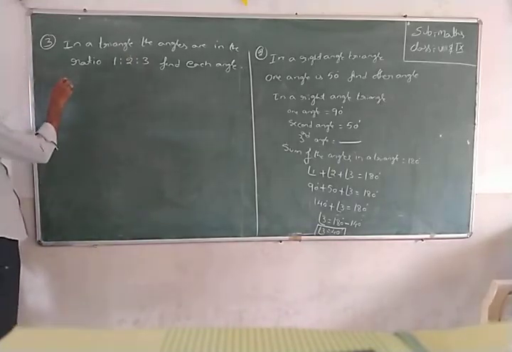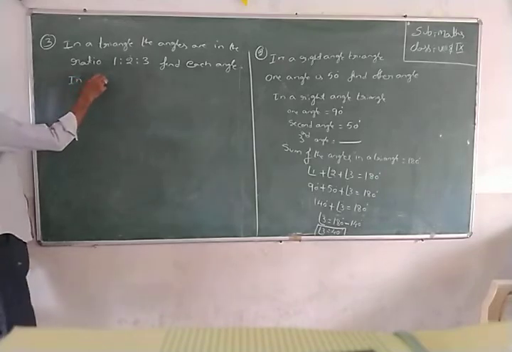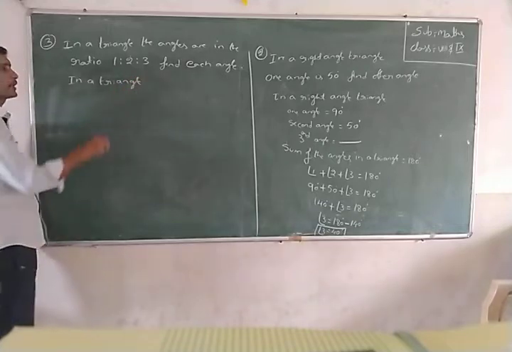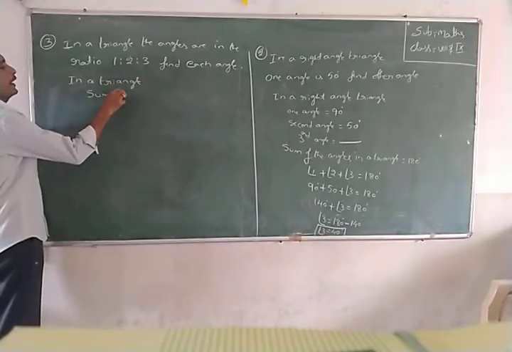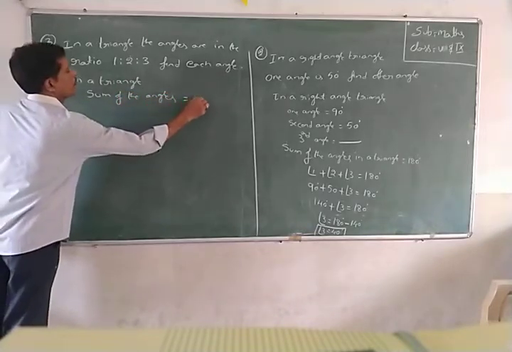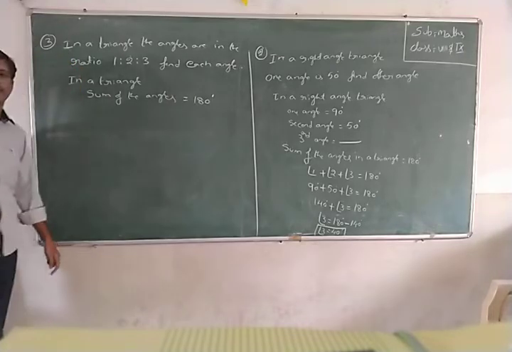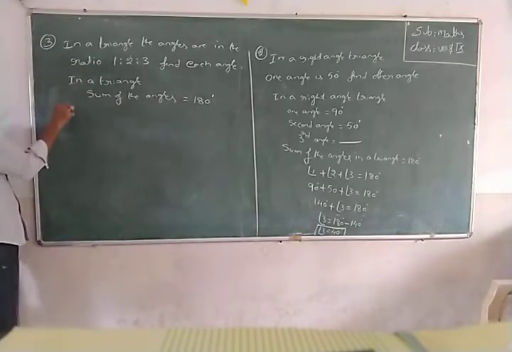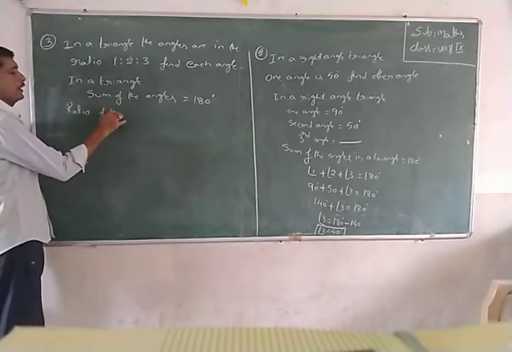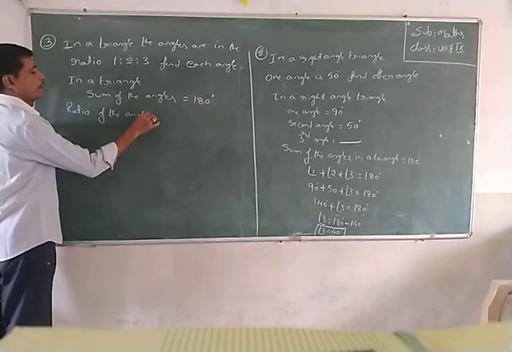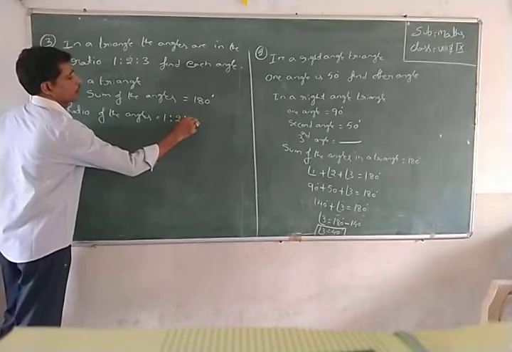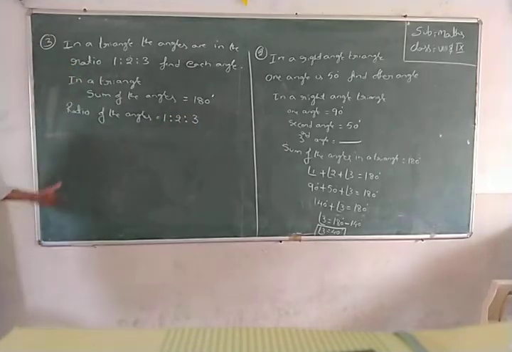Next, in a triangle, that is any triangle, the sum of the angles equals 180 degrees. Here the ratio of the angles is 1:2:3.